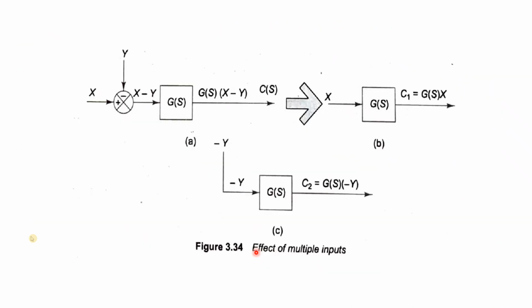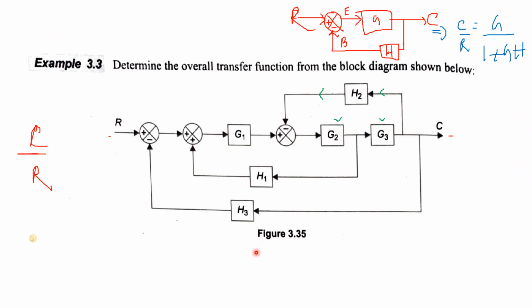Okay. So basically there is no difference. It depends upon the system, the operation of the system, the structure of the system. As we were discussing, in this case, this is a summation point where there is a negative feedback. This is a summation point where there is a positive feedback. So this is called a positive feedback, and this is called a negative feedback.